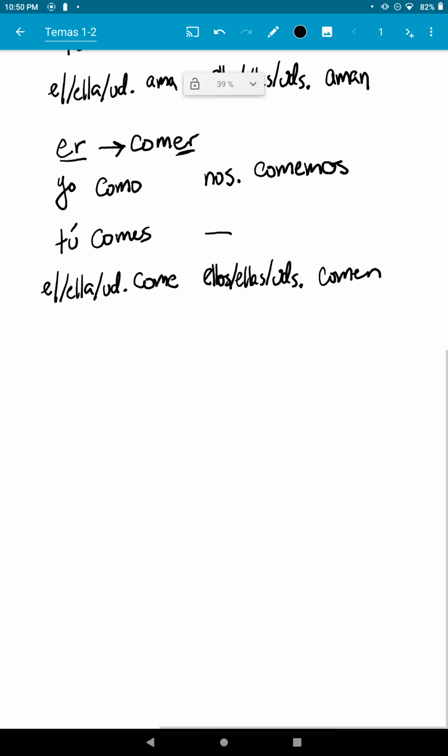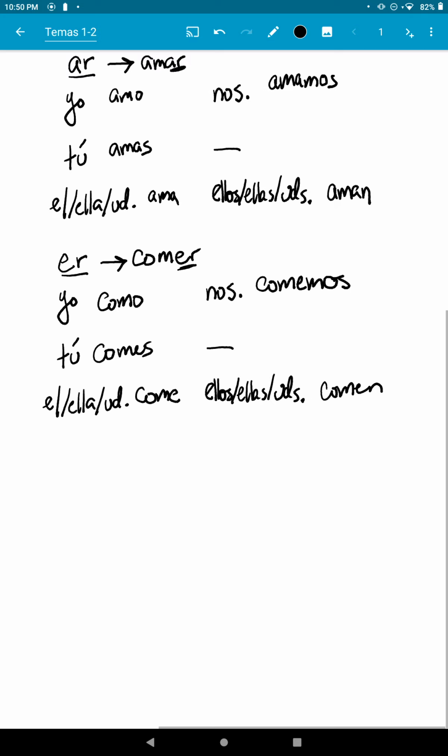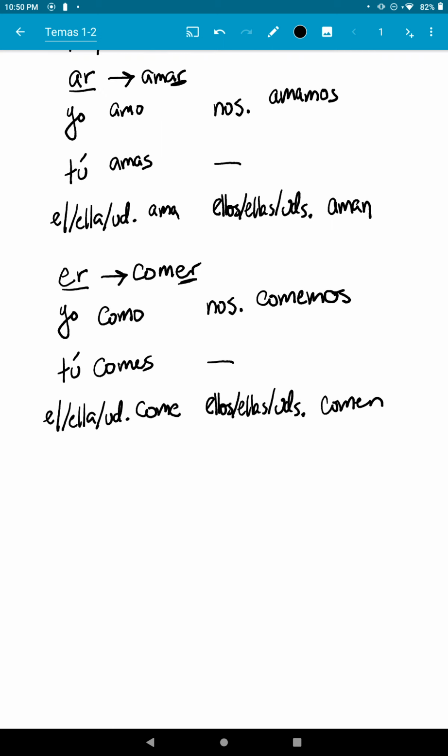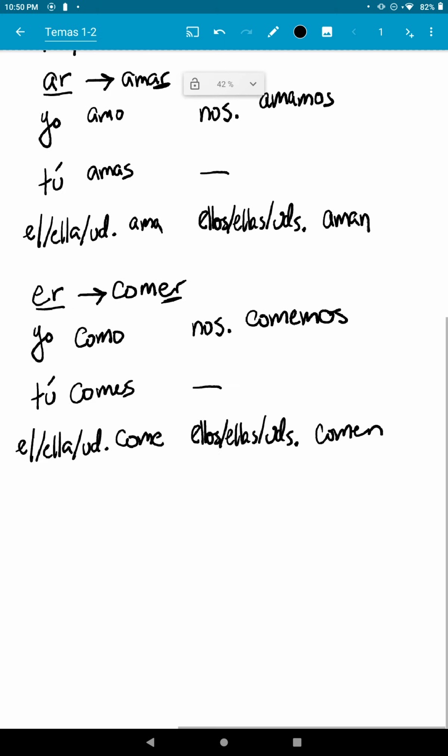They eat. And so, as you can see, between AR and ER, it's fairly similar. You have the O in the first person. For tú, you have the S at the end. And before it, you have the verb's identifying vowel.